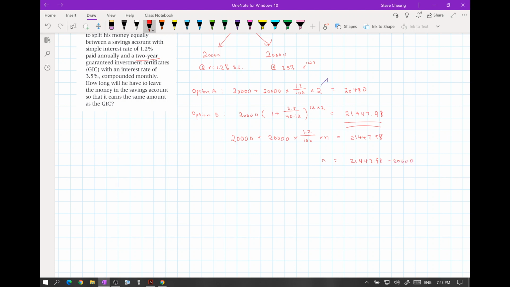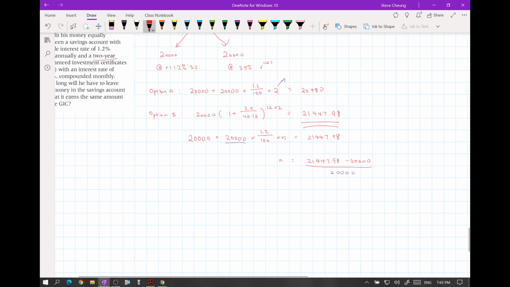And then I'm going to divide by this number and multiply the reciprocal of this. And then I should have n isolated. And I have 6.03. So roughly 6.03 years.